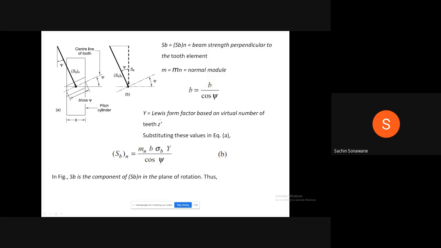While solving problems on helical gear, always remember whatever teeth they have given are actual teeth. We have to calculate virtual number of teeth by using Z dash is equal to Z divided by cos cube psi. So for helical gear, the formula of beam strength is SBN is equal to MNB sigma B into Y divided by cos psi.